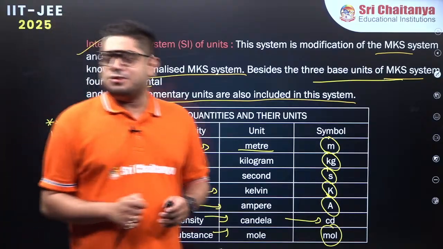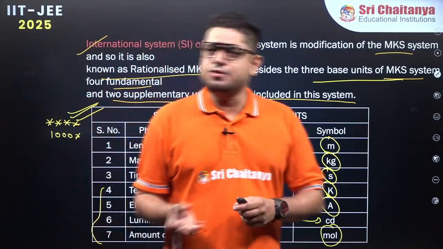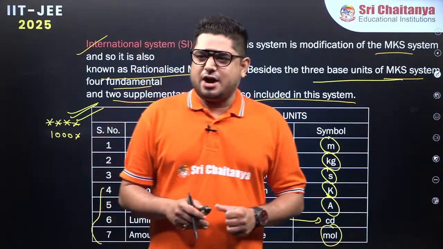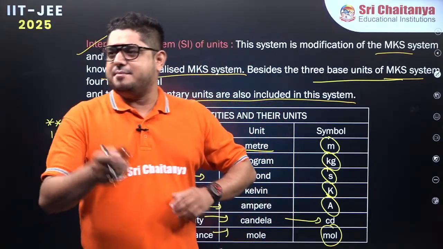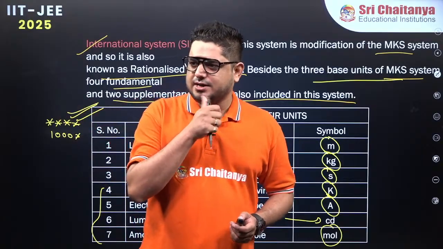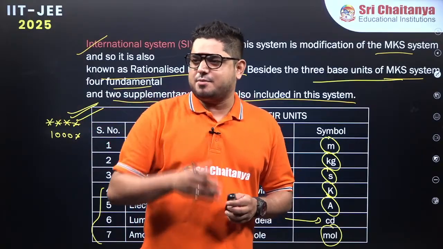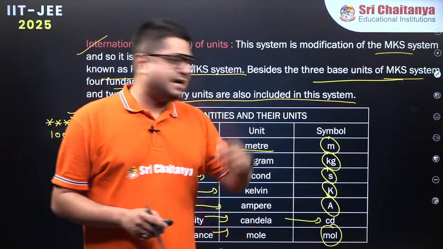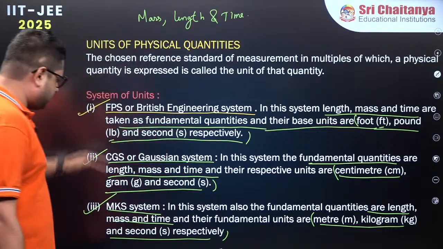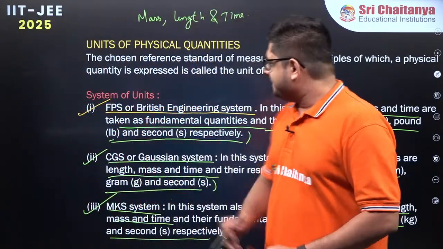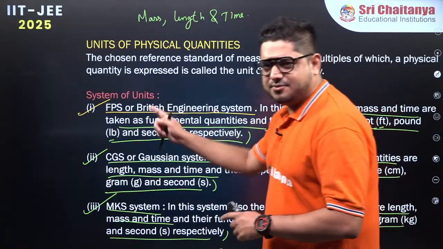And if you're talking about the conversion, you can convert the values accordingly. Someone asked me a question based upon it, if I can recall, so we are going to be discussing that conversion as well. If I talk about these systems, starting from FPS, CGS, MKS, they can be interconverted.